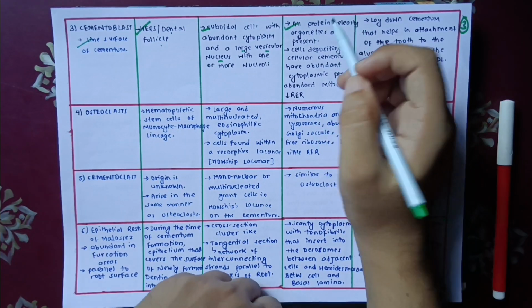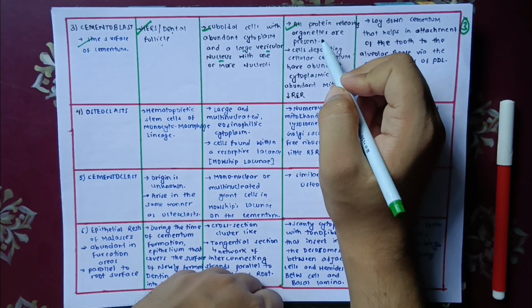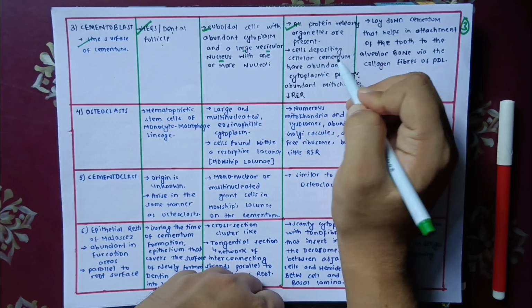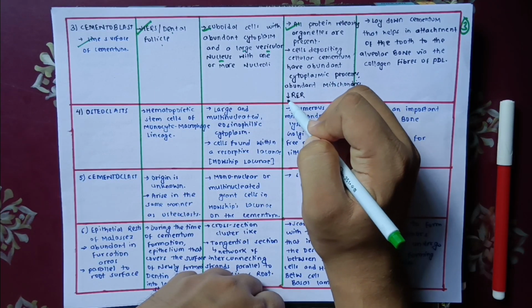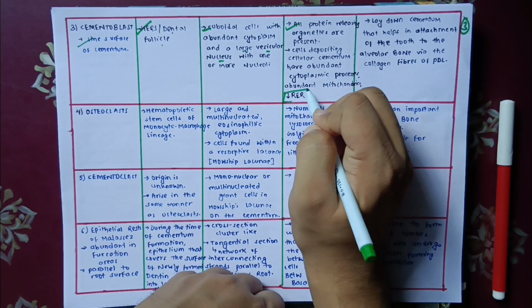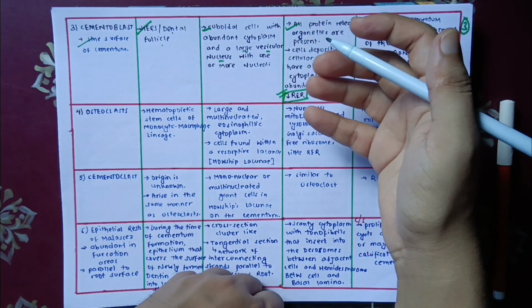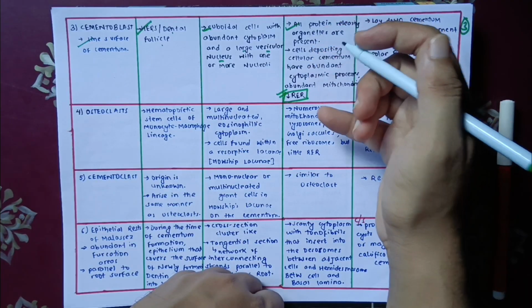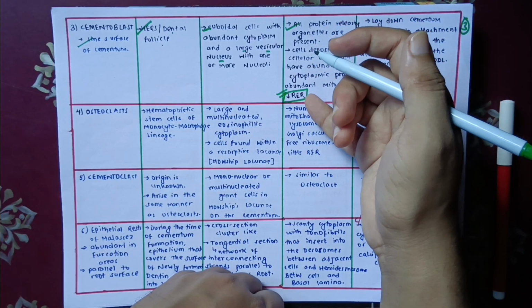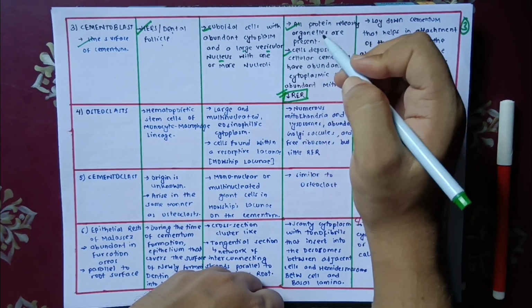Cells depositing cellular cementum have abundant cytoplasmic processes, abundant mitochondria, but less rough endoplasmic reticulum. This is important: there was more rough endoplasmic reticulum in the osteoblast and the fibroblast, but less RER in this cementoblast. Others are quite similar.